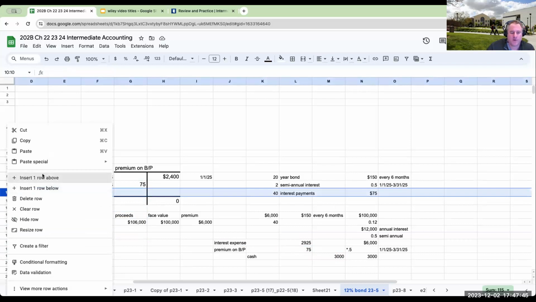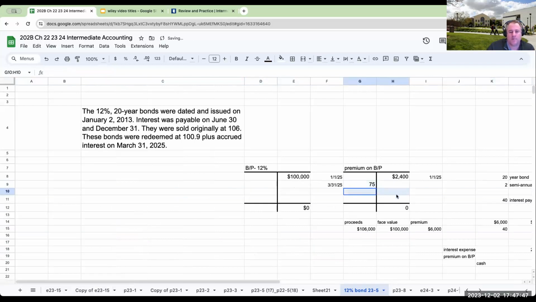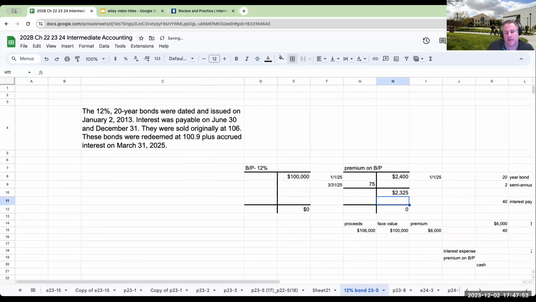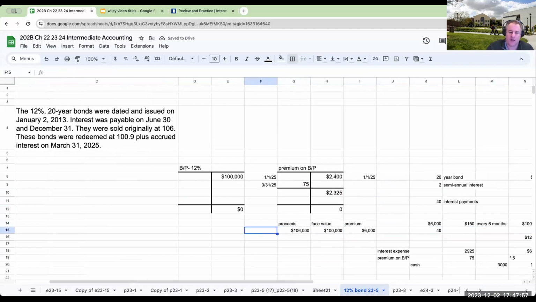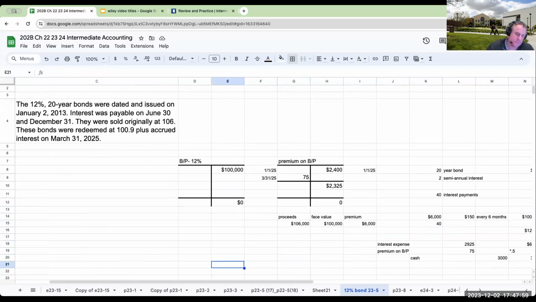So my actual amount in my premium on bond payable account was not 2,400, rather it is going to be 2,325. Okay, so I've got this part over here. Now what I need to do is say, all right, I've got this premium, how do I basically redeem this bond?